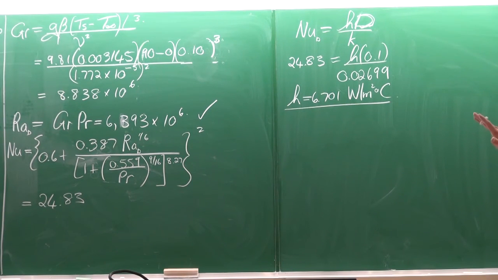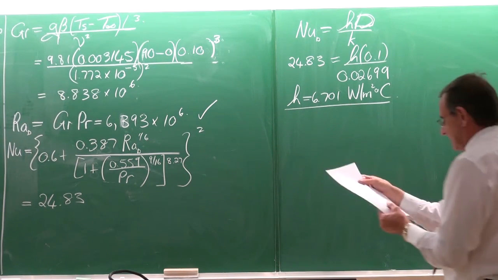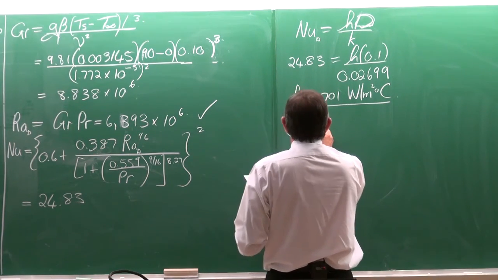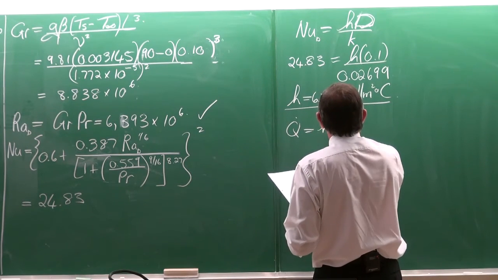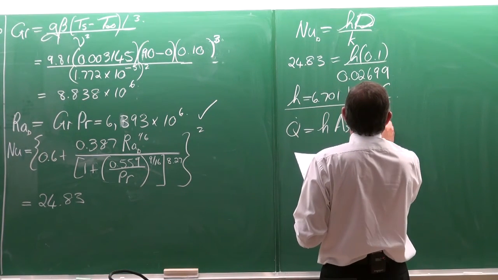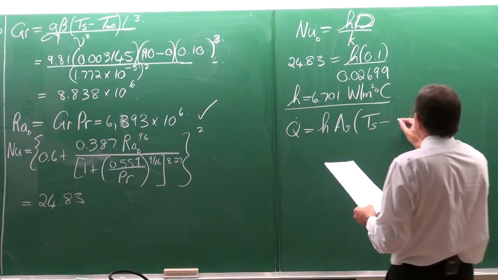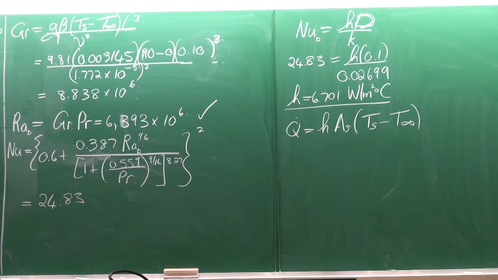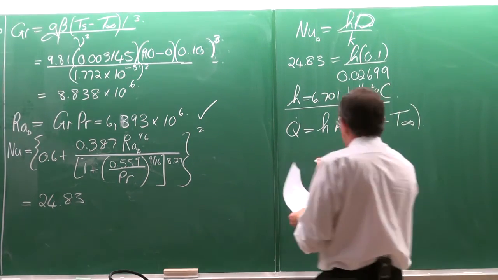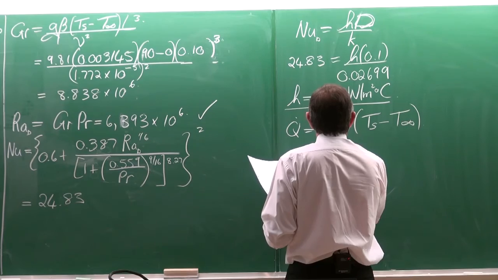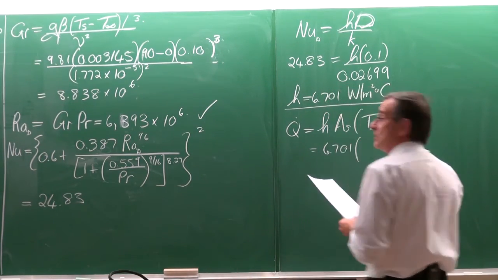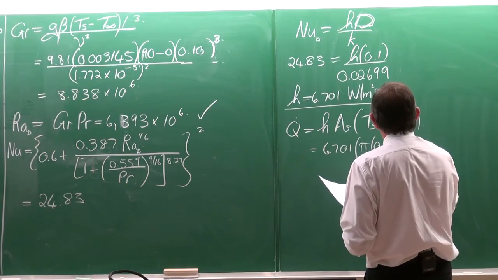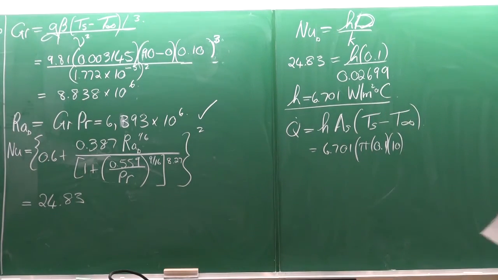Okay, and it's very easy to make mistakes. Right, now that we've got the heat transfer coefficient, let's calculate the heat transfer rate, which is equal to the heat transfer coefficient multiplied by the surface area multiplied by the surface temperature minus the environment temperature. The heat transfer coefficient is equal to 6.701. The surface area is equal to pi multiplied by the diameter multiplied by the length.